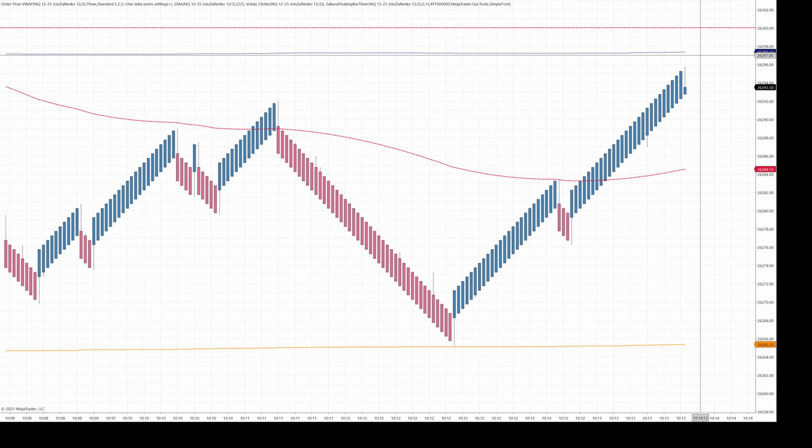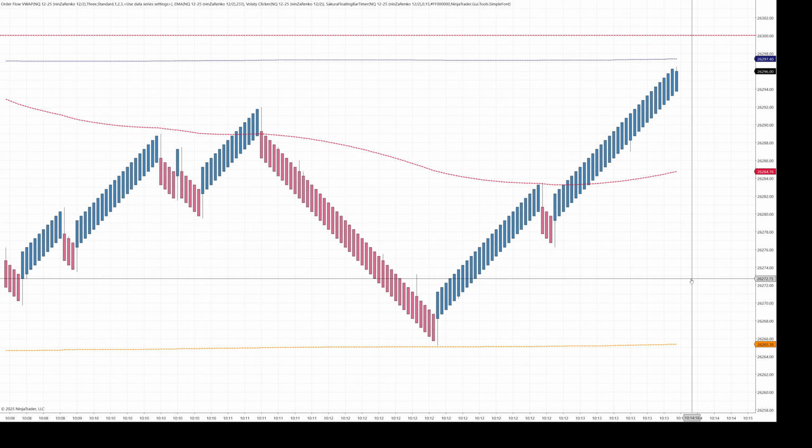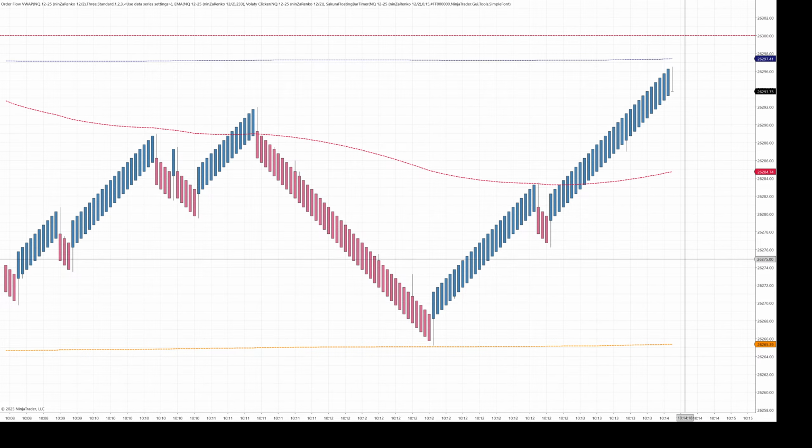All right, we might be retesting this VWAP level at 300. We might get a rejection. Let's see.